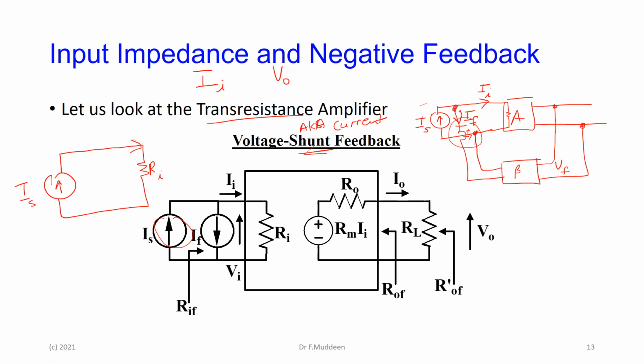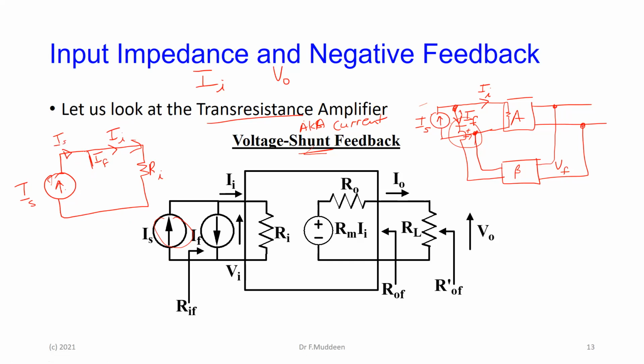The feedback is now current feedback. So to model this, ideally, what I want is, because it's feedback and it's negative feedback, I have to have something that is subtracting current from that. Remember, this is the input current here. The feedback current has to subtract from the source current here. This is IS. All right.